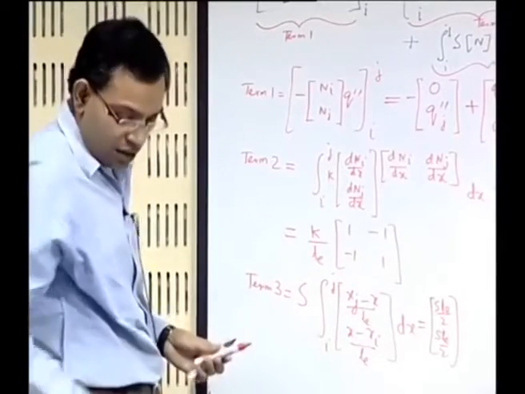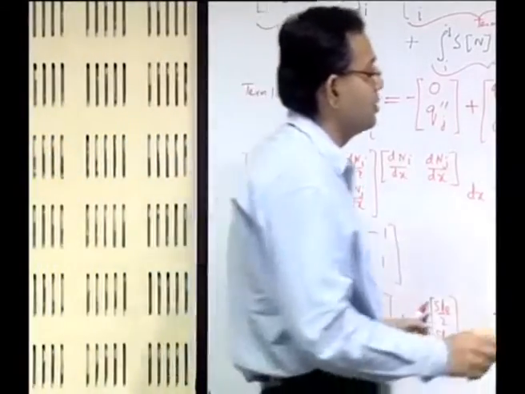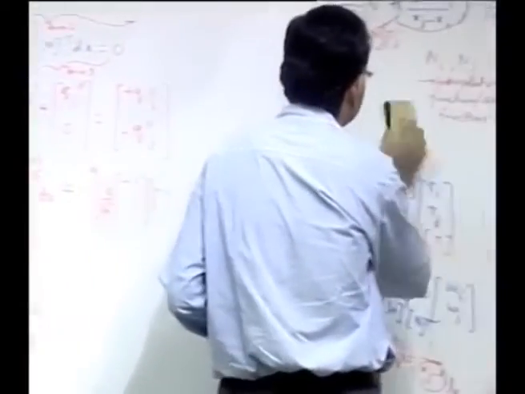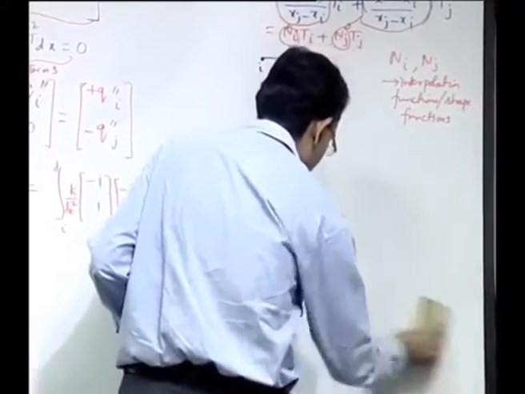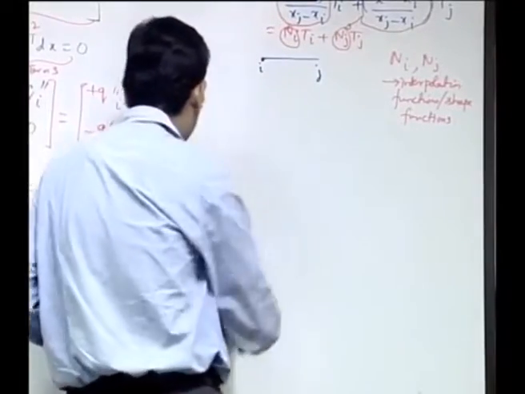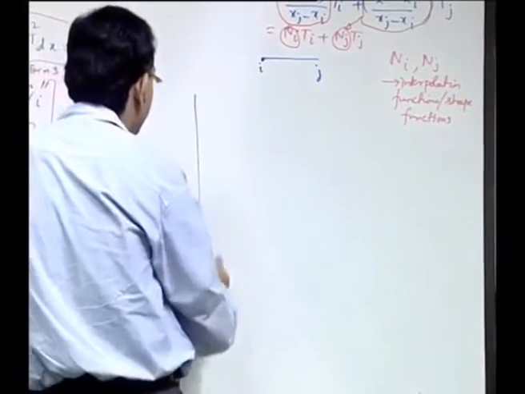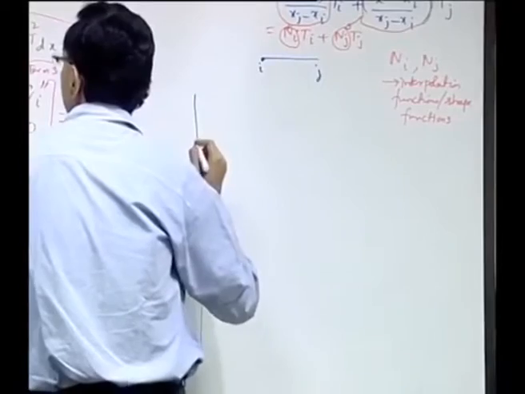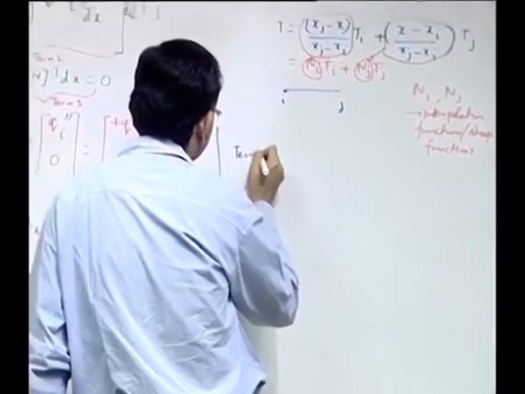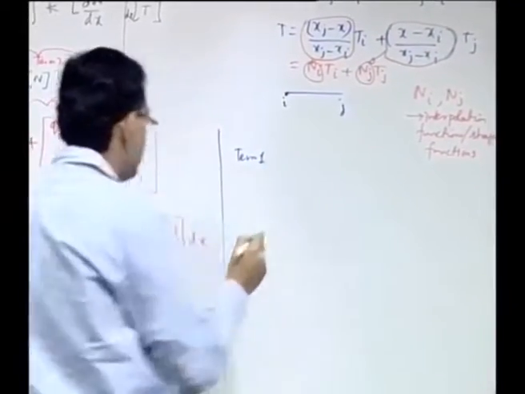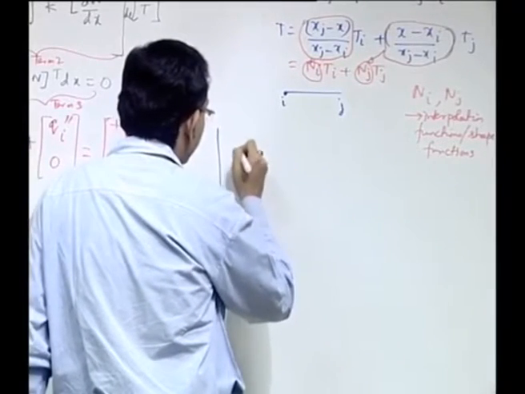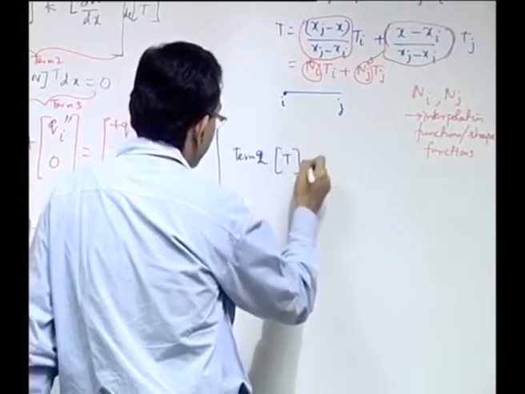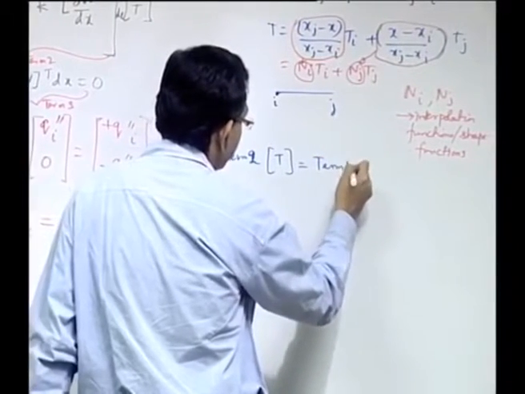Now, let us assemble this equation. So, what is our equation? Let us write term 2, take it to one side, term 2 into T is equal to term 1 plus term 3.